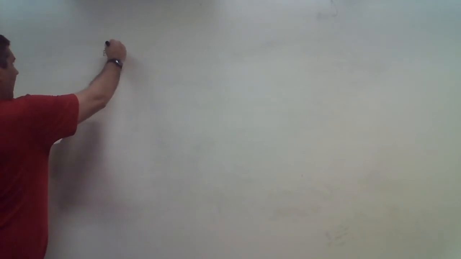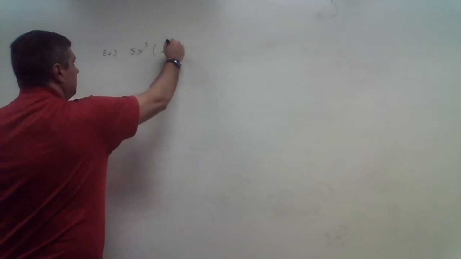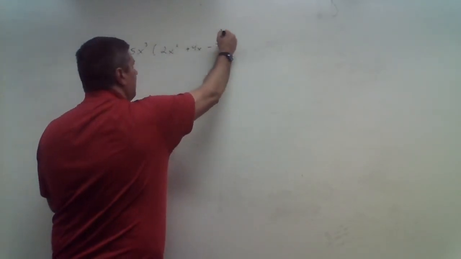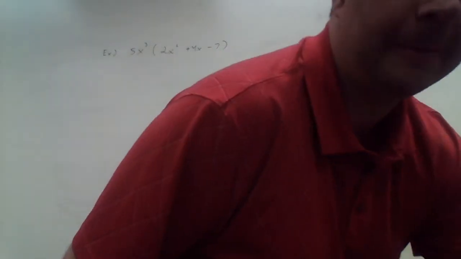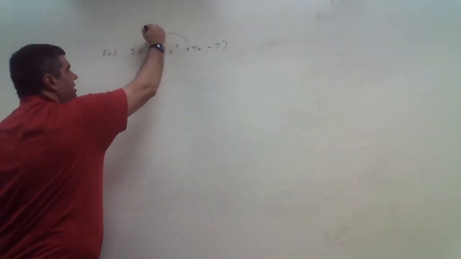So the example that I have with a monomial times a polynomial, a multi-term polynomial, is you're going to multiply all three terms by it.